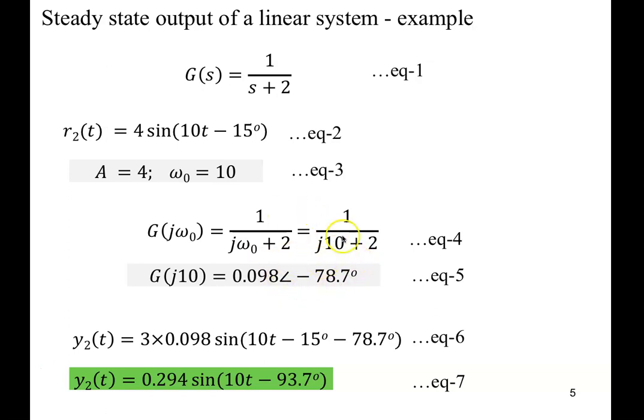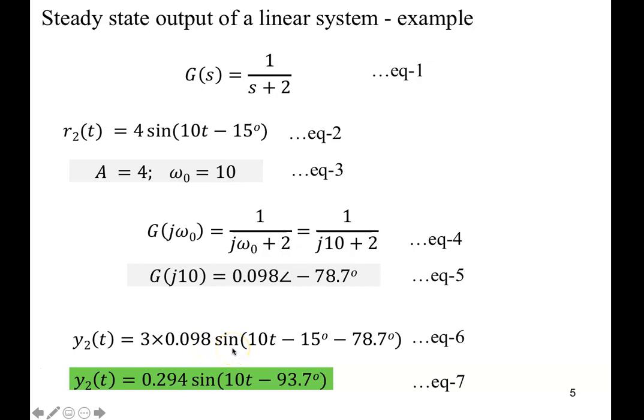Once you get there, once you get your equation number 5, and you know your M value and your phi value, the rest is easy. You just take the input, look at the amplitude, and multiply it by the M that you obtained from G(s). So it's not 3, it's 4 here. 4 times 0.098.